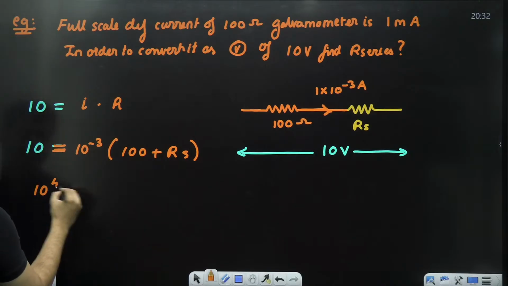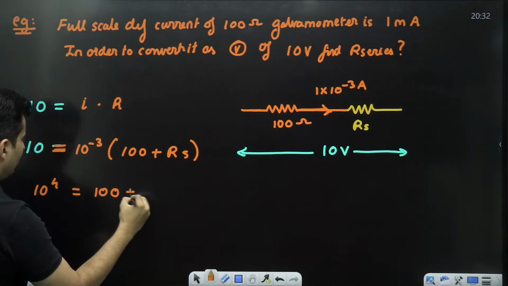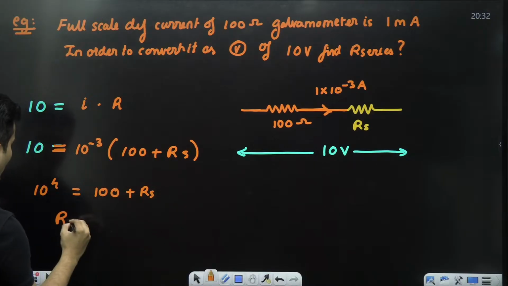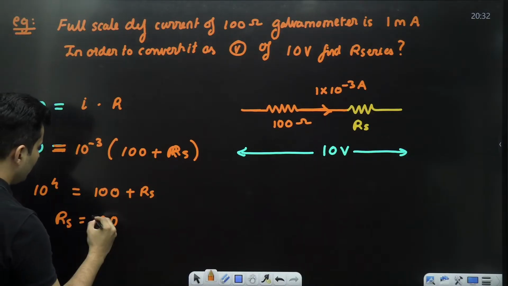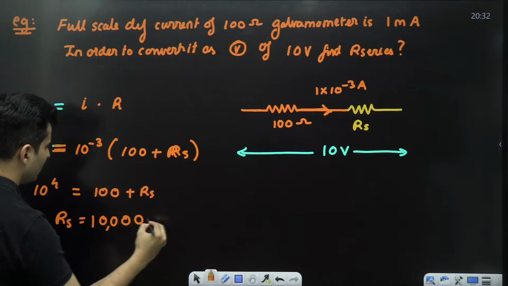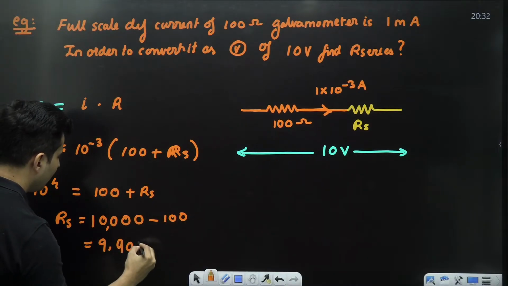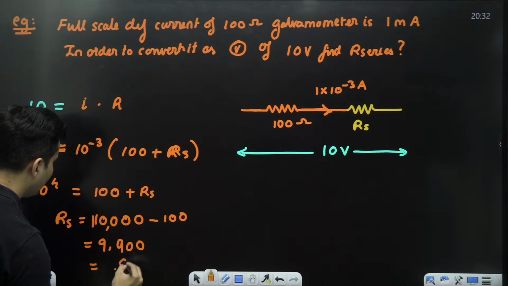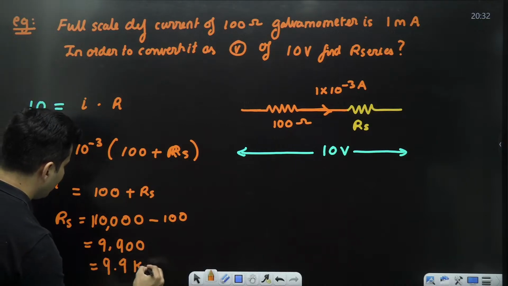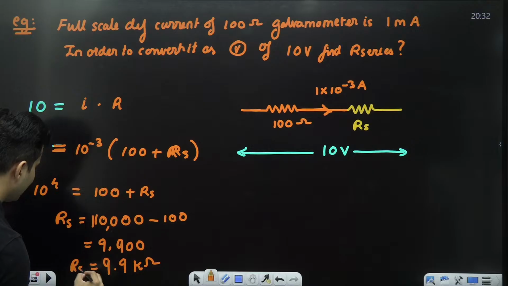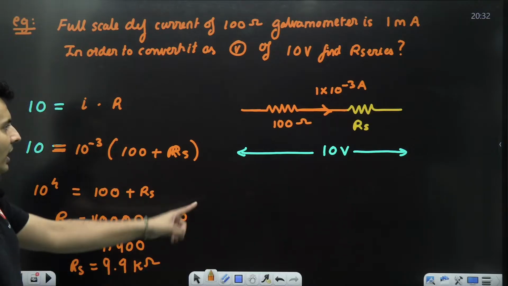This will become 10 raised to 4 is 100 plus RS. So RS will be 10 raised to 4, which is basically 10,000 minus 100, which is 9,900, which is 9.9 kilo ohm.